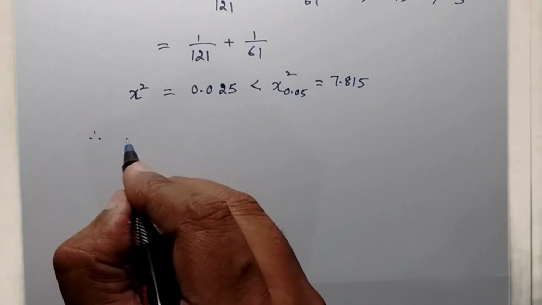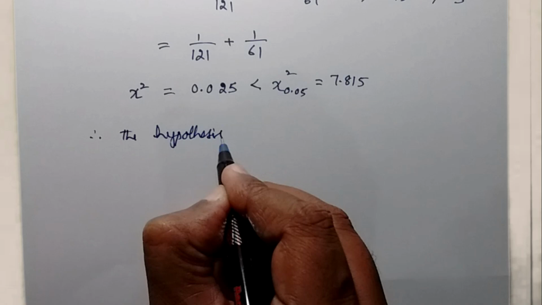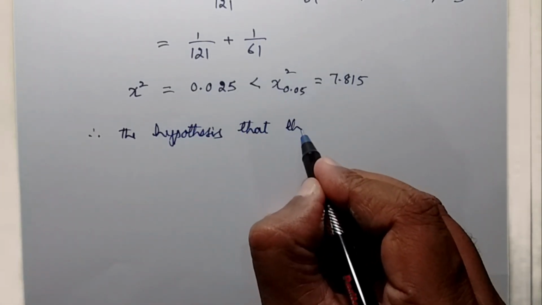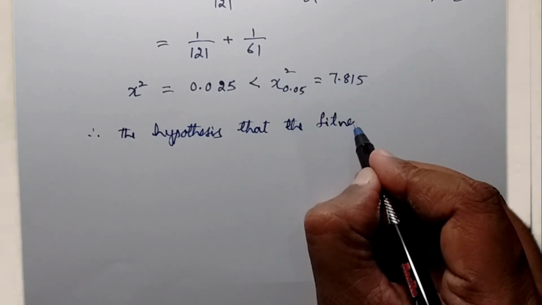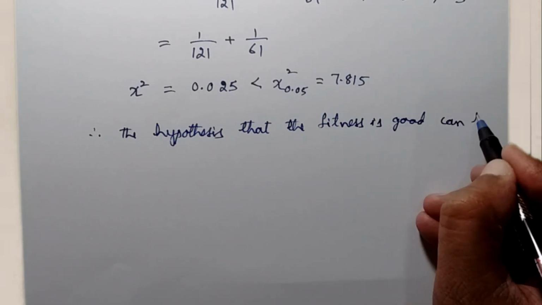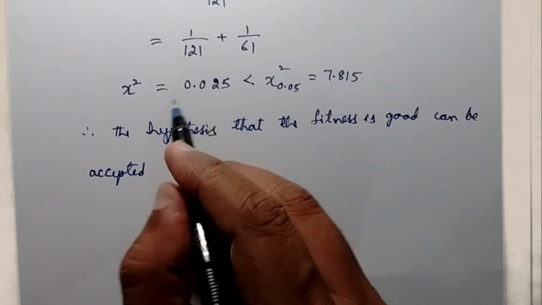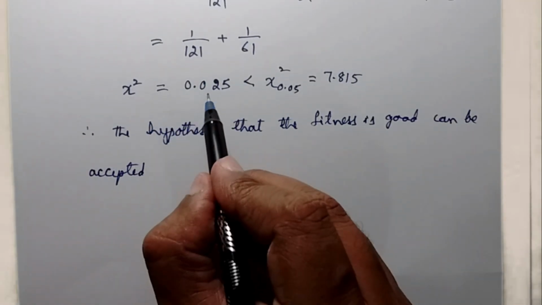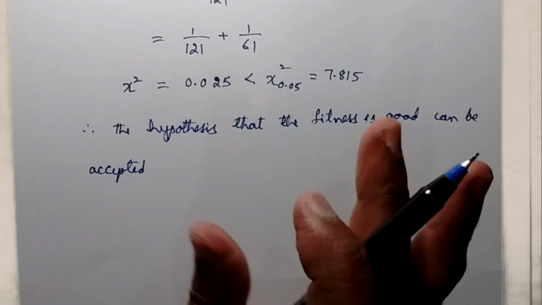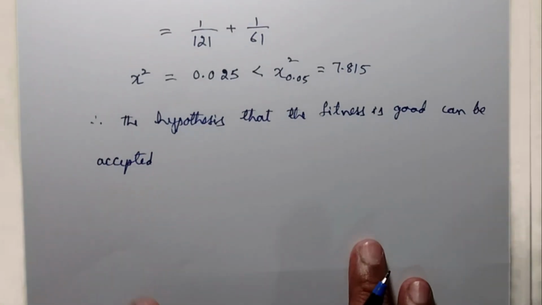Therefore, the goodness of fit is good and the hypothesis can be accepted. Whenever the calculated value is less than the given value, the hypothesis can be accepted. That's the required solution. That's all I have for today. Thank you.